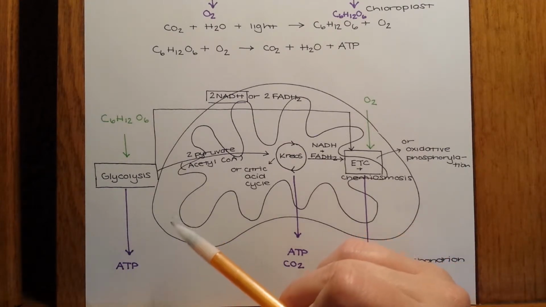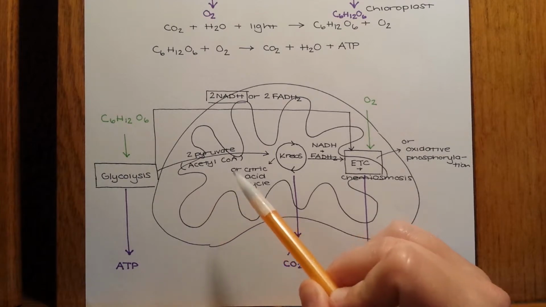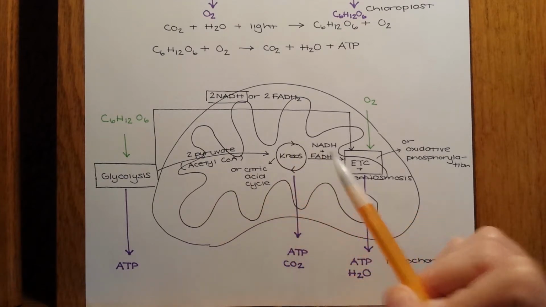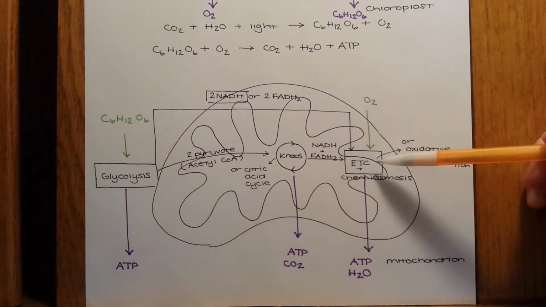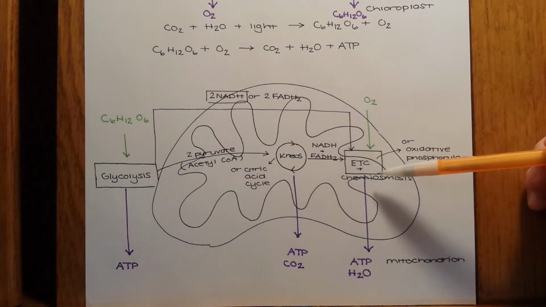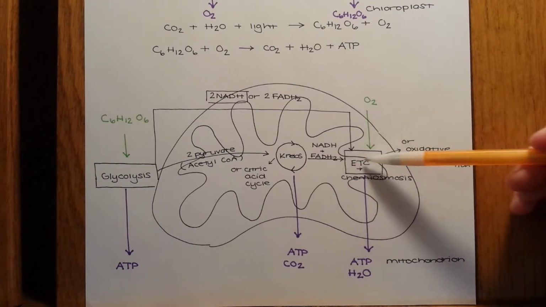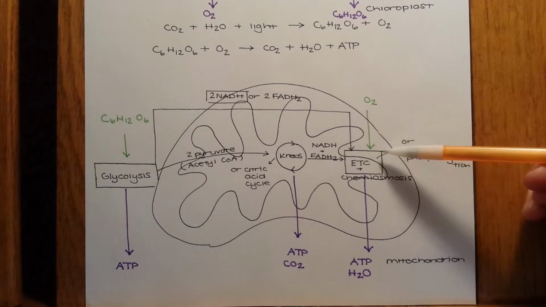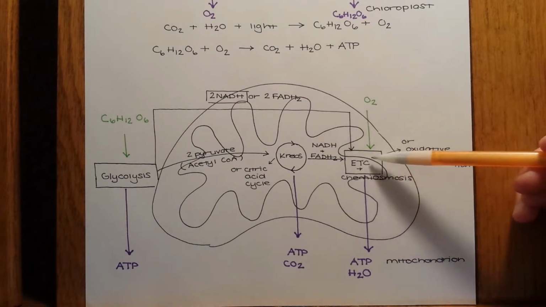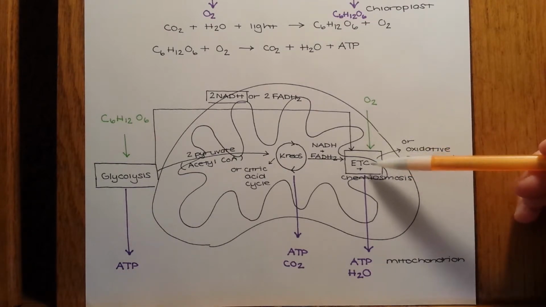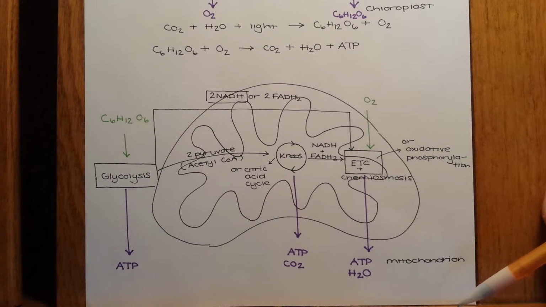The space in between is the intermembrane space, and all of this space is the matrix. Then the electron transport chain and chemiosmosis happen across this membrane, which is why I drew the box encasing that membrane. That inner membrane that has the matrix on one side and the intermembrane space is where the electron transport chain and chemiosmosis is going to take place.